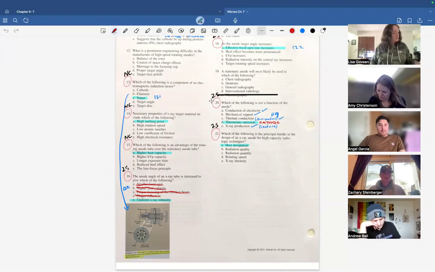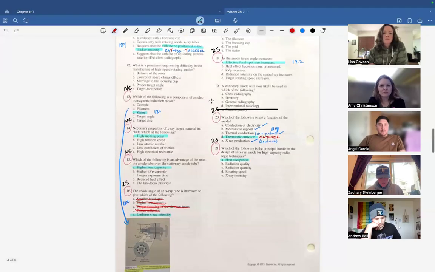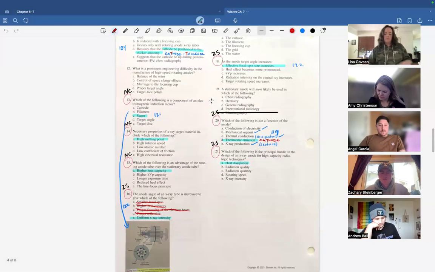I mean, the oil doesn't have to do with the anode, obviously, but it talks a lot about heat dissipation. And then B and C, I think, are related to the cathode. Rotating speed doesn't seem to be a principal hurdle. They have that pretty much figured out at about 10,000 RPMs. And then X-ray intensity, I don't really see that being a principal hurdle of the anode.